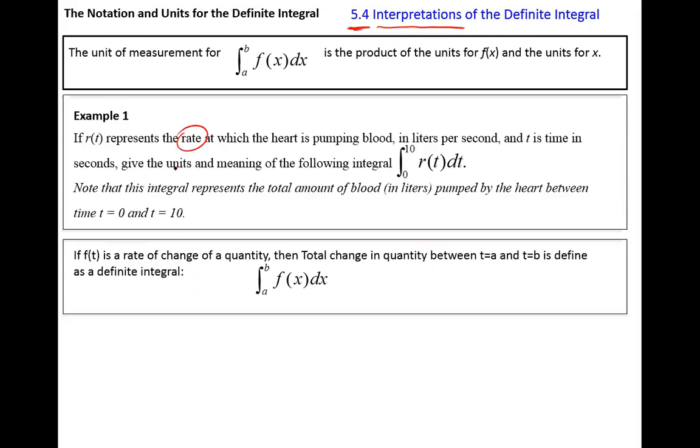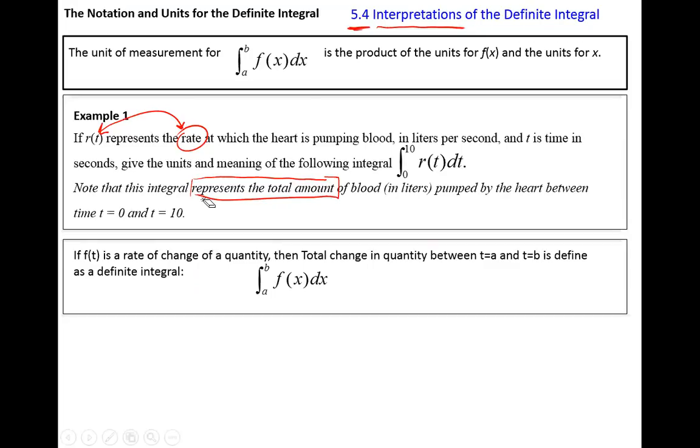If the function is a rate, like we remember the velocity, then if this is the rate of change of something, the whole integral will represent the total amount. I can box this: total amount of blood, and of course the unit for the amount, liters, pumped by the heart between 0 and 10.